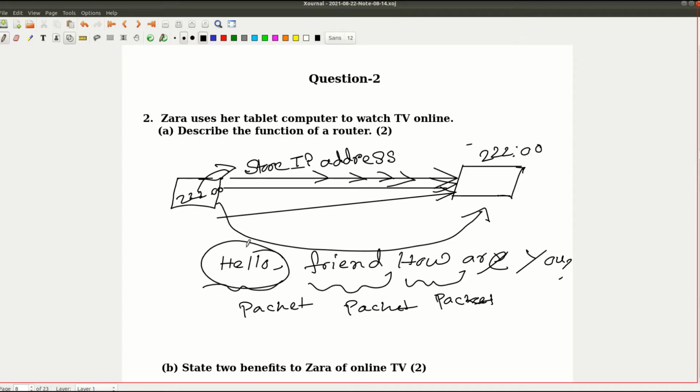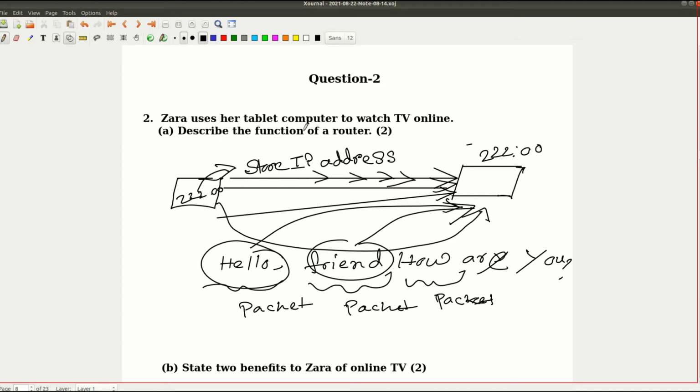Then it will send this one here first, after that it will send the next, and after sending all these packets, it will rearrange them and give them to your friend. This is how the router works.